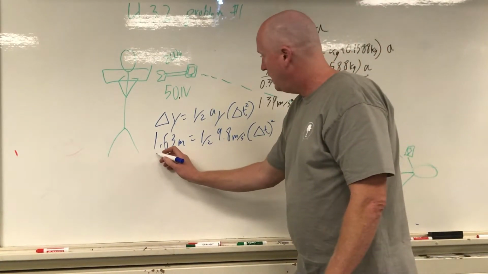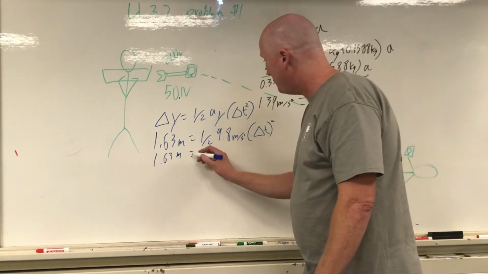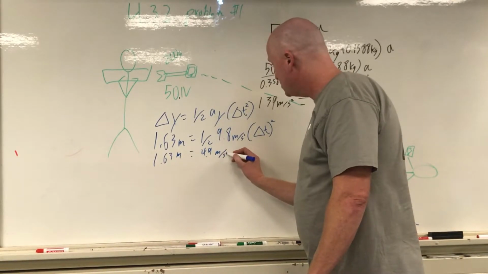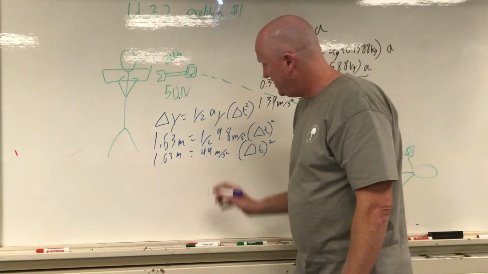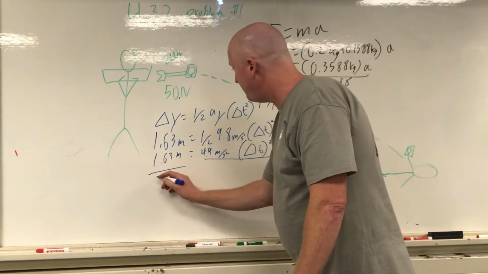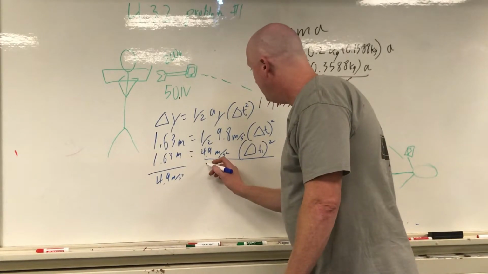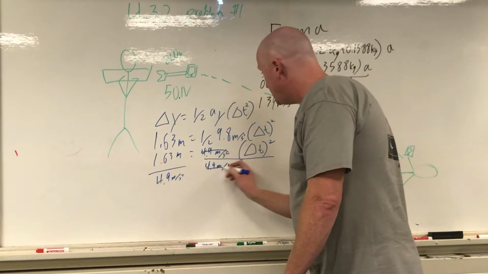So, 1.63 meters is equal to half of 9.8, which is 4.9 meters per second squared, times delta t squared. Divide both sides by 4.9 meters per second squared. They cancel.